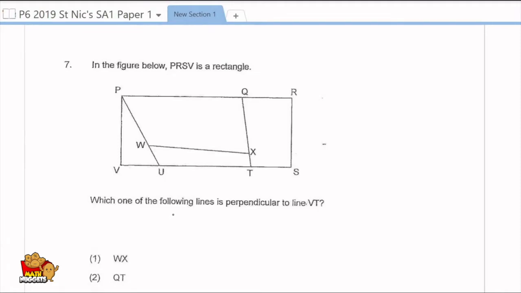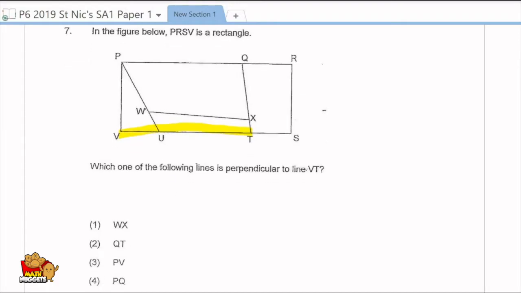Which one of the lines is perpendicular to VT? VT is this line. So which line is perpendicular? Perpendicular means they meet at right angles. So what are my options? VX. VX is here.